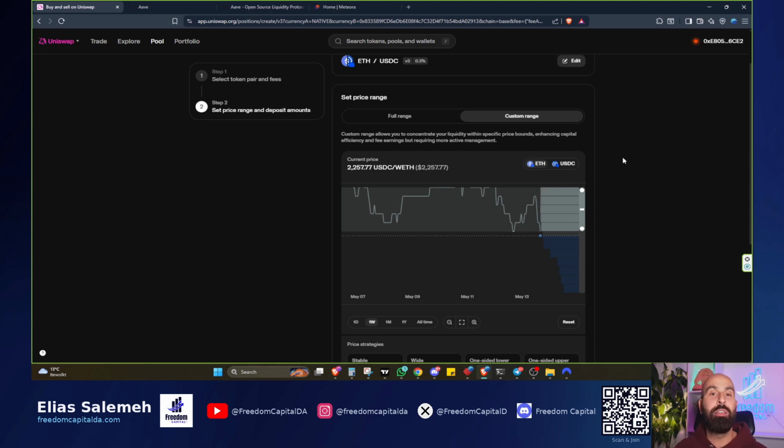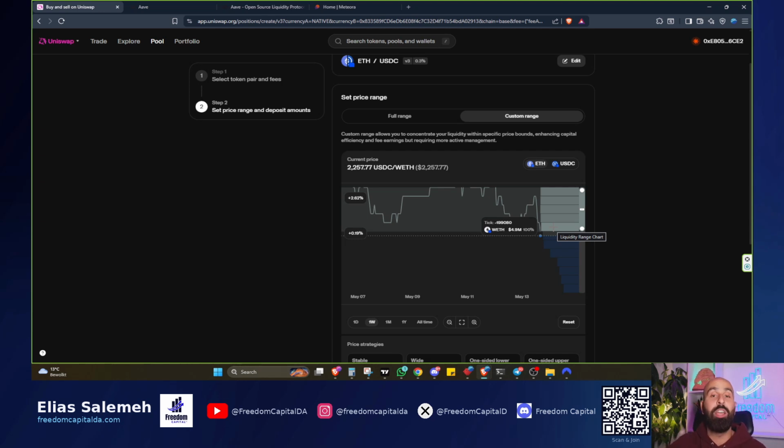Instead of just placing a market or limit order on an exchange, if they expect the price of Ethereum to go to a certain level, or they want to exit their position at a specific level, let's say in our example between $2,262 and $2,330 for an Ethereum, they deploy all the ETH that they have in this price range. And as the price starts climbing higher, they will automatically start switching their Ethereum into USDC, effectively exiting their position, and at the same time collect fees while they do so.